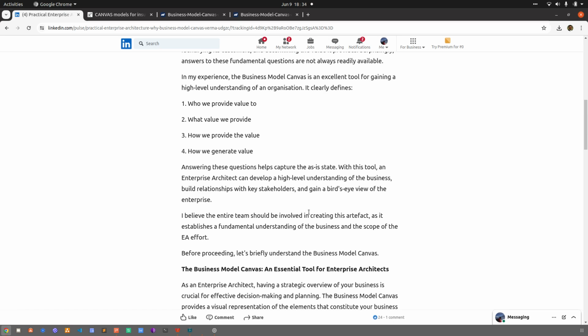It takes almost a month and a half for a decent sized organization to create a business model canvas and then distill it into one slide. So once done, it gives you an immense understanding of what the organization is. That is why I encourage architects at every level in an enterprise architecture exercise to be a part of the preparation of this artifact. It's going to give you a lot of valuable information.